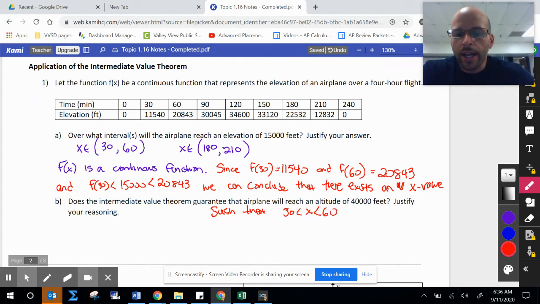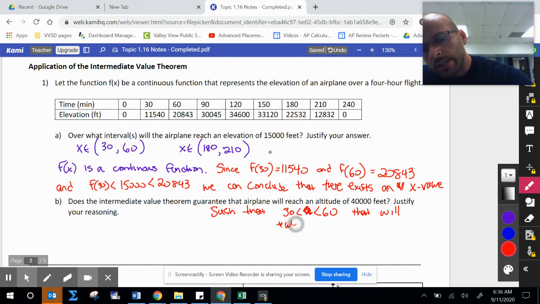So such that there is an x value between 30 and 60. I'm going to make an a, and whenever you make a variable, we're going to describe what that variable is, where a is a constant between 30 and 60 that will have f of a equal 1,500.